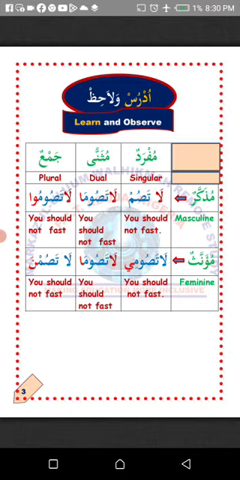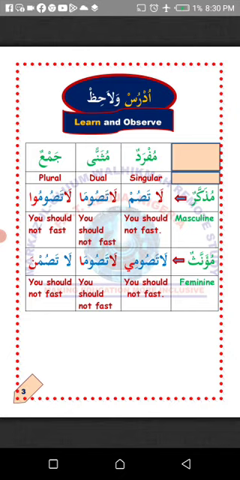Remember, once alifun is attached, the letter before it must take fatha, as we know that alifun is the mother of fatha in Arabic. So the verb la tasum will now become la tasuma. Now that our mimun is taking fatha, we can now retain our lost wawun. So the verb la tasum will now become la tasuma, which means you should not fast. Talking to two male persons.